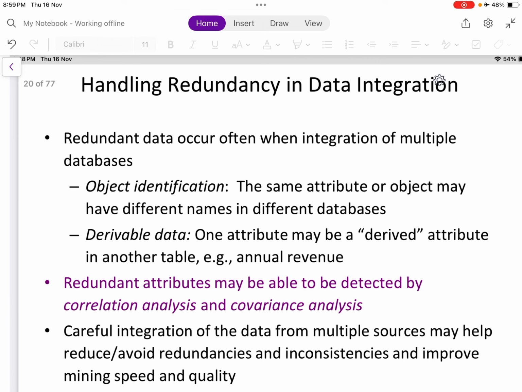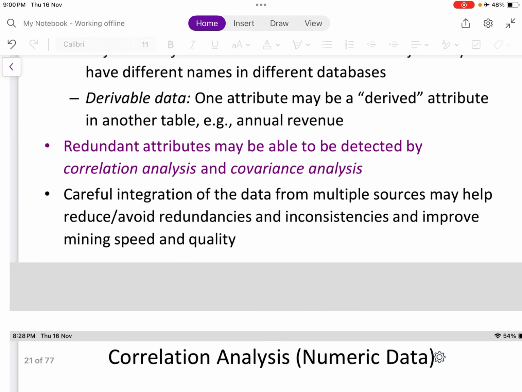Object identification: the same attribute or object may have different names in different databases. Derivable data: one attribute may be a derived attribute in another table, for example annual revenue. Redundant attributes may be detected by correlation analysis and covariance analysis.